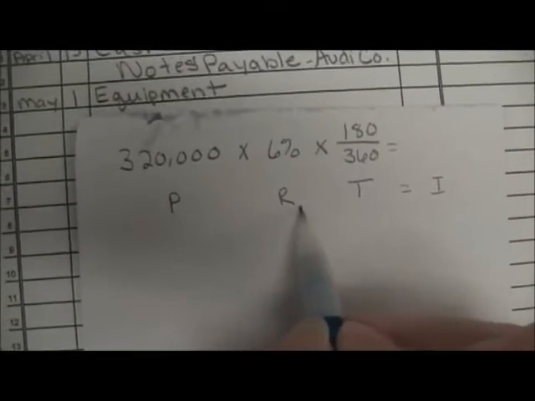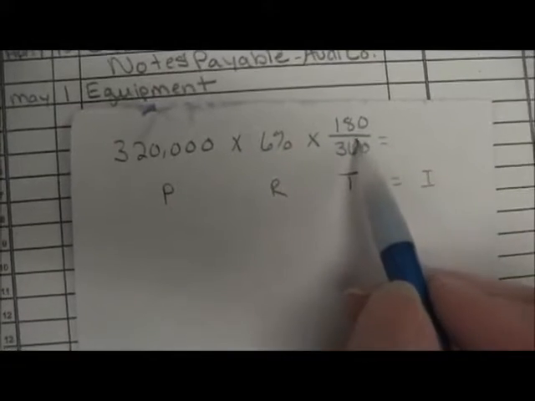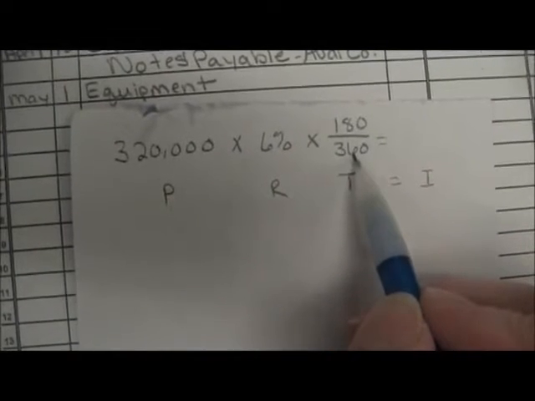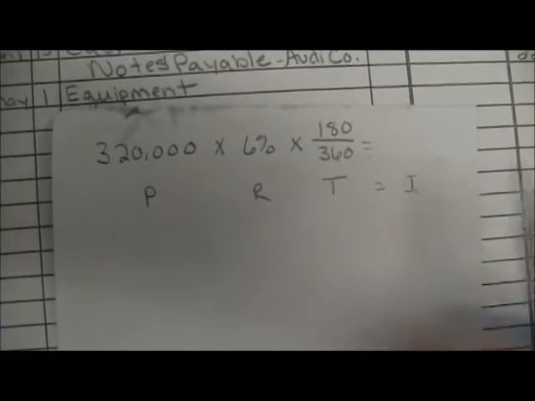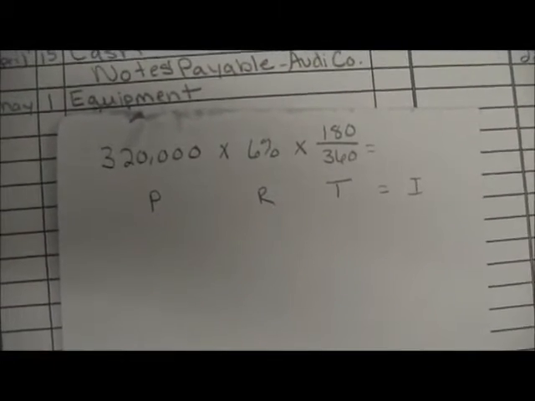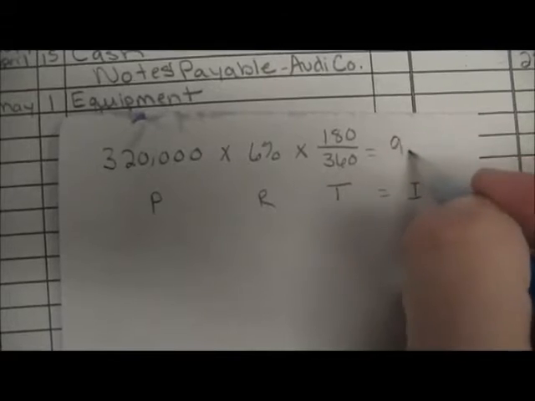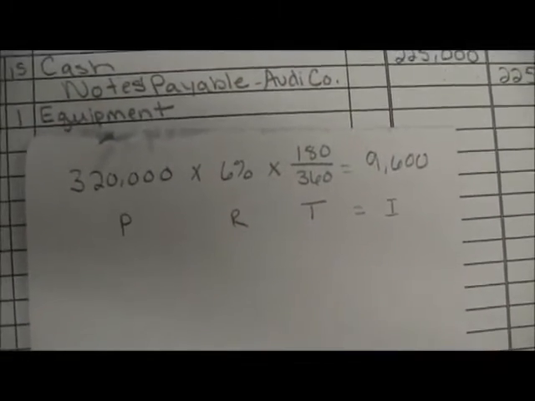Again, principal times rate times time. Your time is always divided by 360. Okay, we use a 360-day year. So we're going to grab our calculators and we're going to figure that out. And it turns out that our interest is $9,600. Okay.